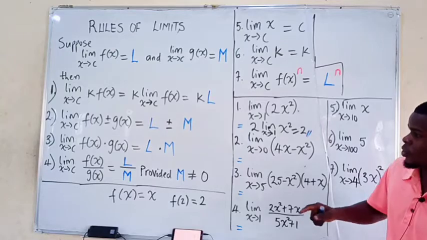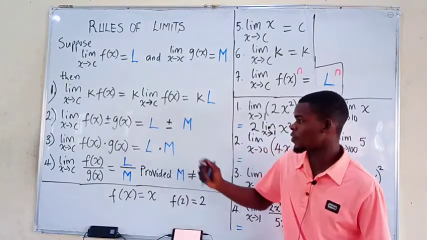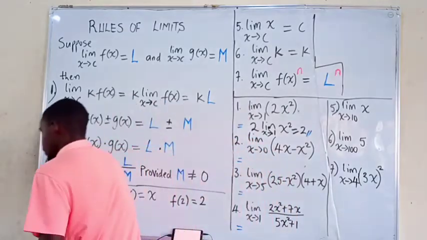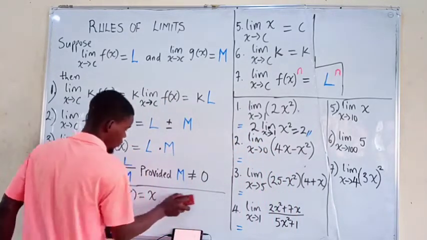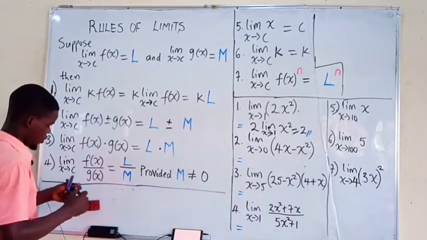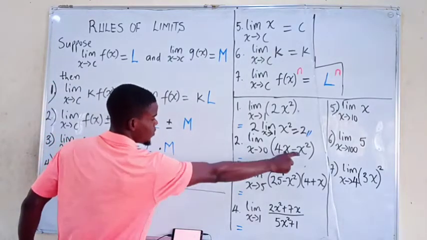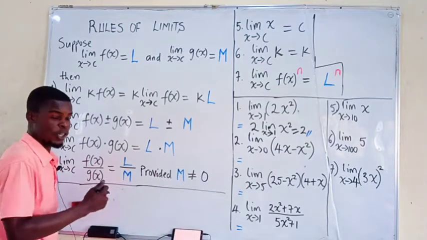Great. So the limit of the difference gives us the difference of the limits. So here we can simply say the limit of this first one minus the limit of that second one, all right? As if we want to distribute.